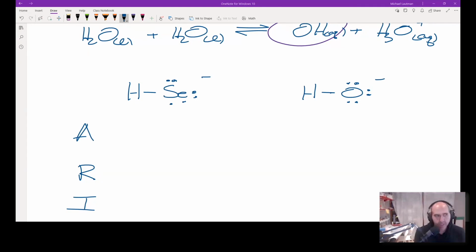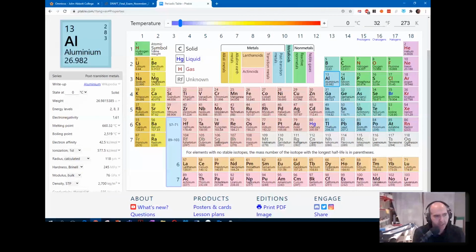If we looked at a periodic table, oxygen, sulfur, selenium. Selenium is bigger than oxygen.